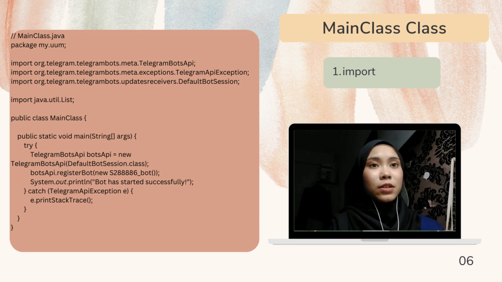So firstly, we have the main method of the application, and in the try, it initializes Telegram bots API with the default bot session class, and the bot's API that registers the new bot registers the Telegram bot, which is S288886 bot, and the System.out.println "Bot has started successfully" is printing the success message upon successful bot startup. And lastly, the catch is to handle the Telegram API exceptions by printing the stack trace.